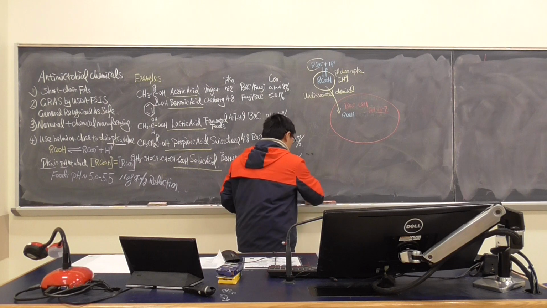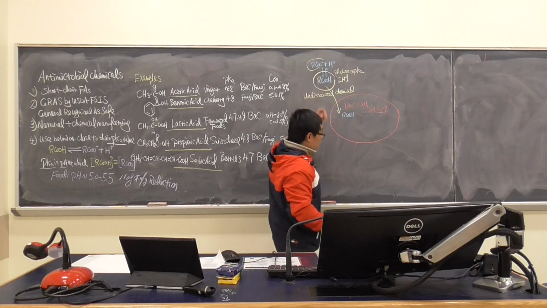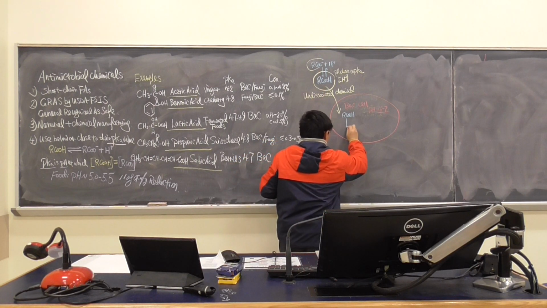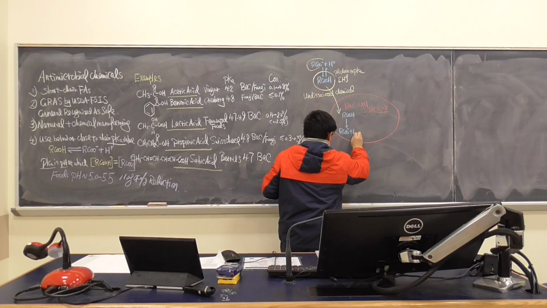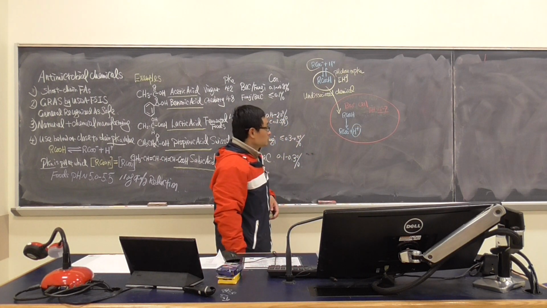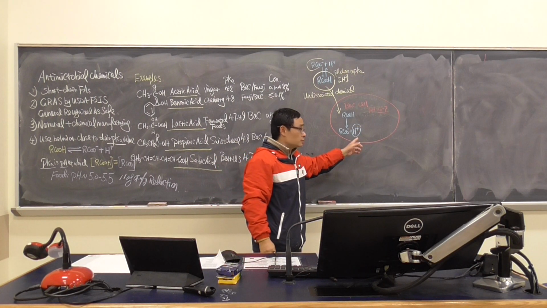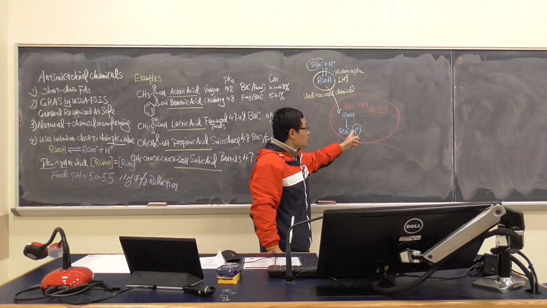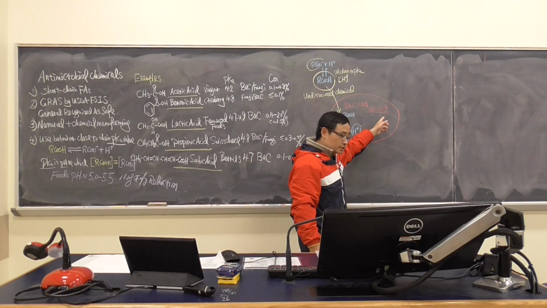So what happened? This reaction goes the other way. They will generate the dissociated one and protons. This is not good because when protons accumulate, their pH will decrease and move away from their optimal neutral pH value.